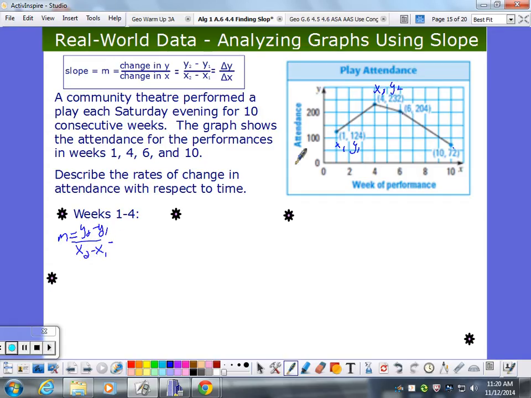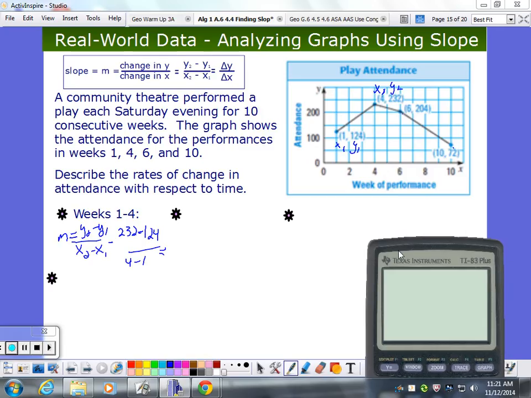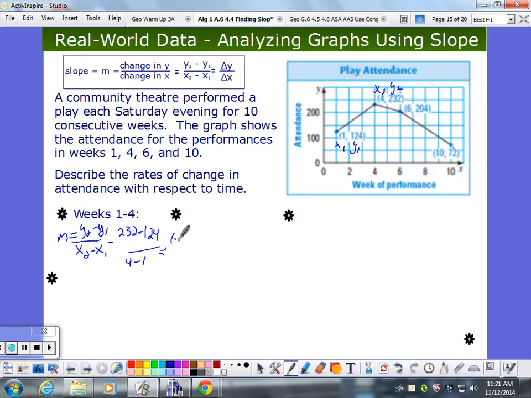So what's my y2? 232 minus this one, 124, over 4 minus 1. What is 232 minus 124? 108. Over 3, right? What's 108 divided by 3?